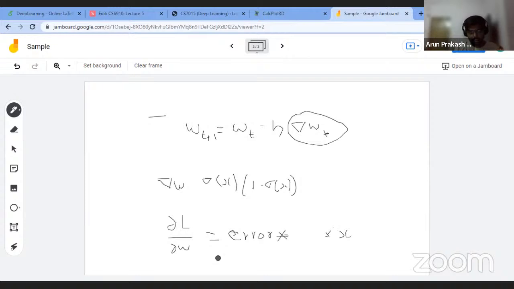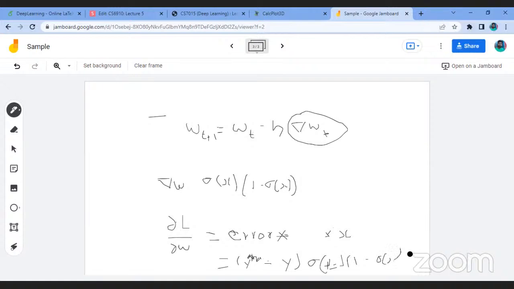So in that sense, if you want to calculate this delta W_t, you actually have to calculate it as y hat minus y, and then sigma of x, and then 1 minus sigma of x, into x.